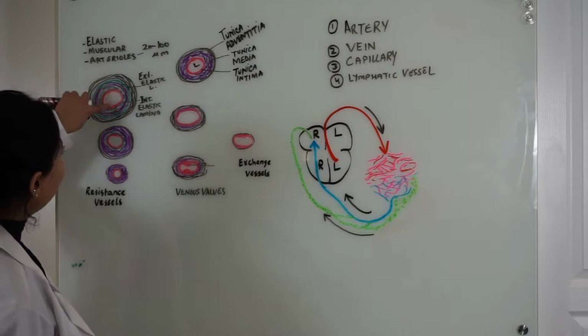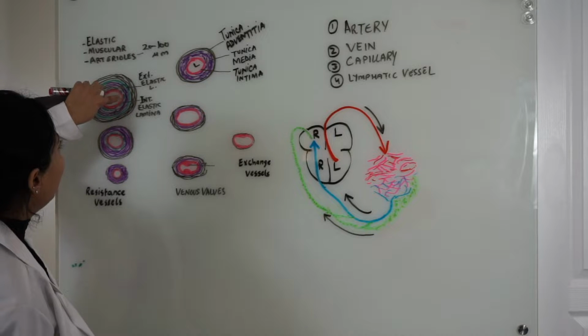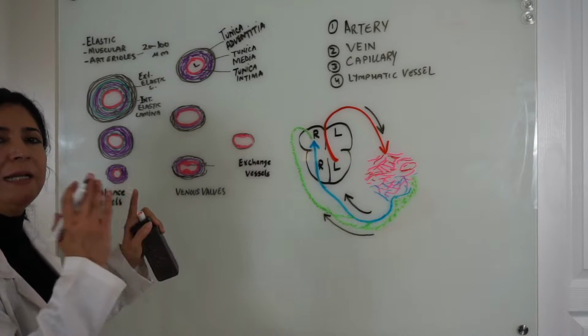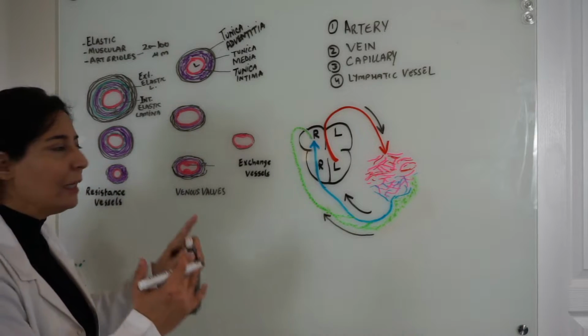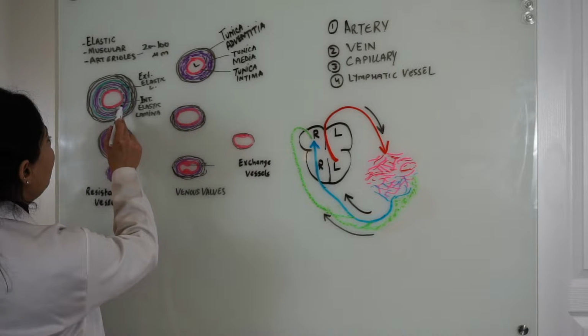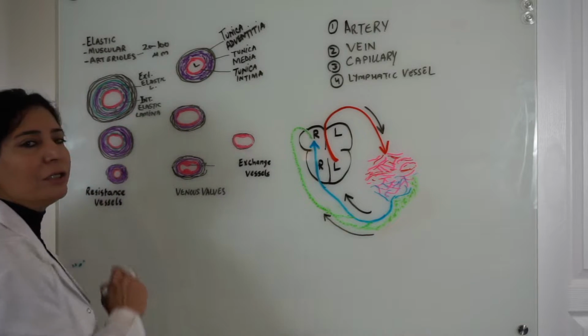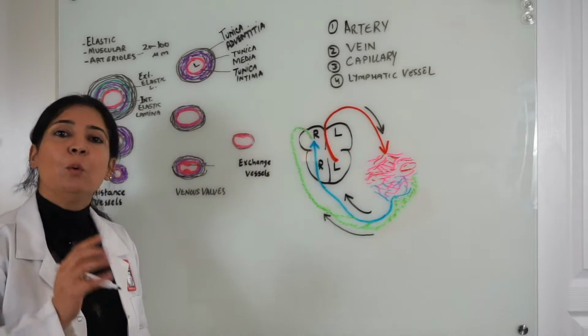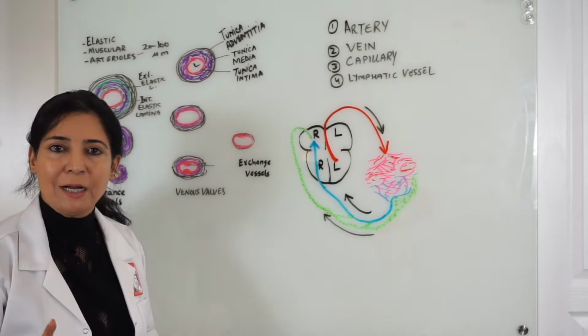Okay, so we have an internal elastic lamina located between the tunica intima and tunica media, and this internal elastic lamina has a lot of holes in it. And then we have the external elastic lamina situated between the tunica media and adventitia. This is the architecture of the walls of large or elastic arteries.